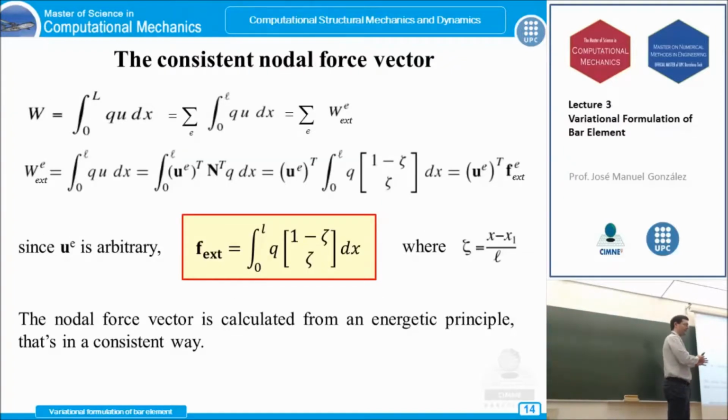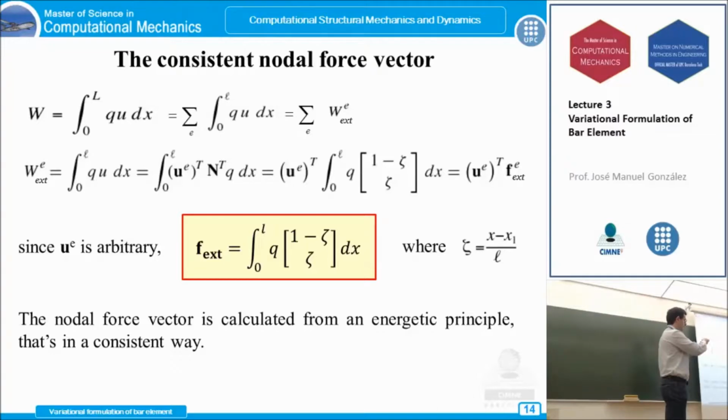force vector, which is the other part of the formulation. We have talked about this external work, which is the axial force times the displacement from the continuum point of view. So if we cross the line and get to the discrete expression for this displacement, look, this displacement was expressed using this shape function matrix times the nodal values u super e.